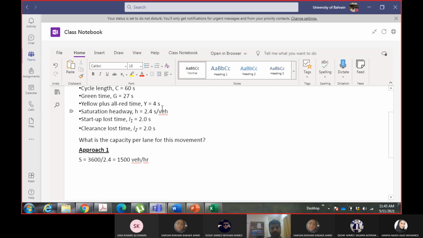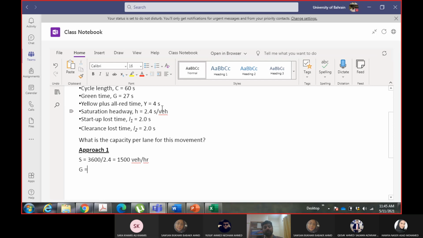We have lost time and we have red time and so many things. So you can achieve a portion of this saturation value. The actual capacity of the movement will be a portion of the saturation flow rate. How much portion? The same portion which is available as effective green from the cycle length.